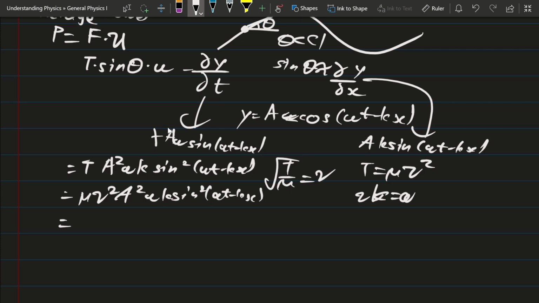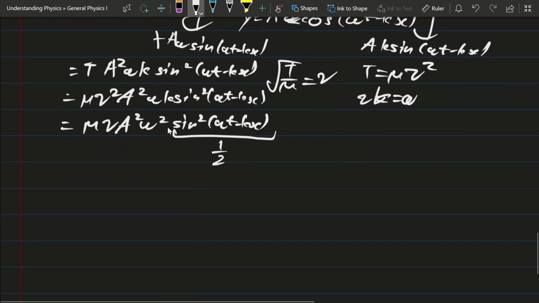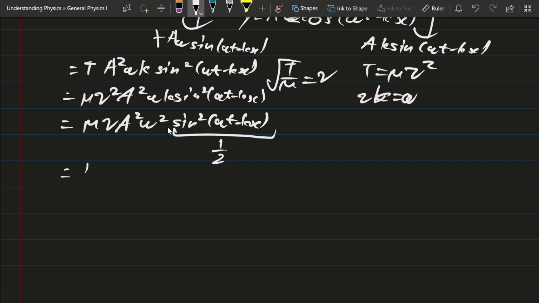So we could simplify this again into mu v A squared omega squared sine squared omega t minus kx. And this part will later average to be half. Therefore, you would figure out the average power to be half mu A squared omega squared v. That's your average power for a string.